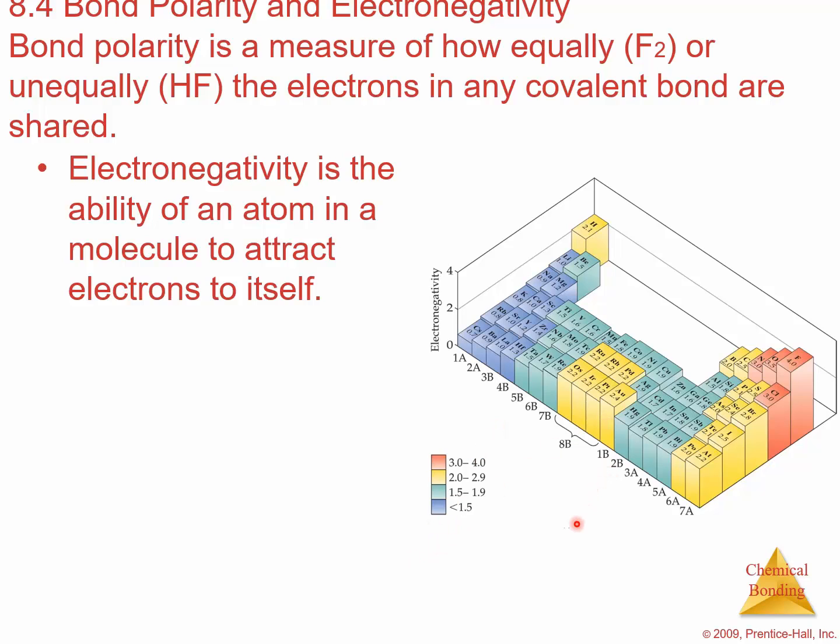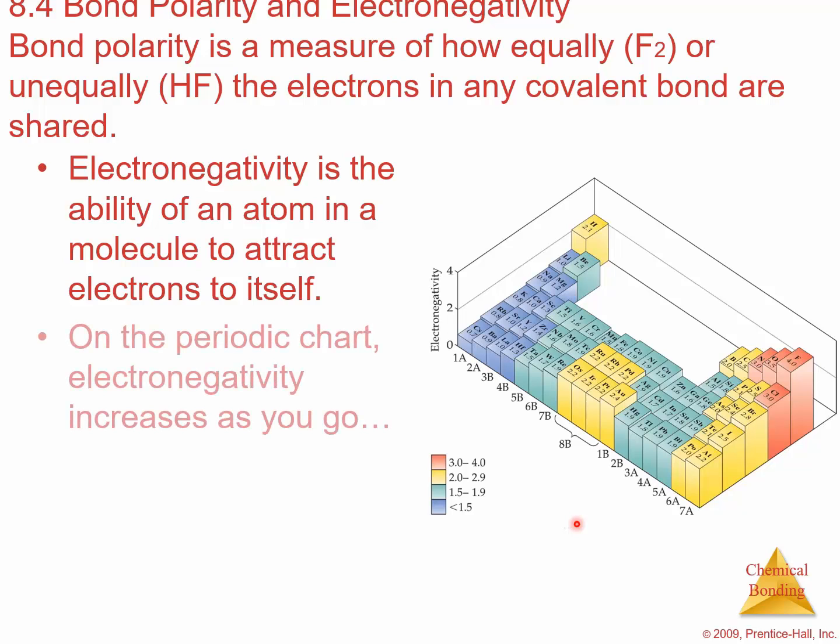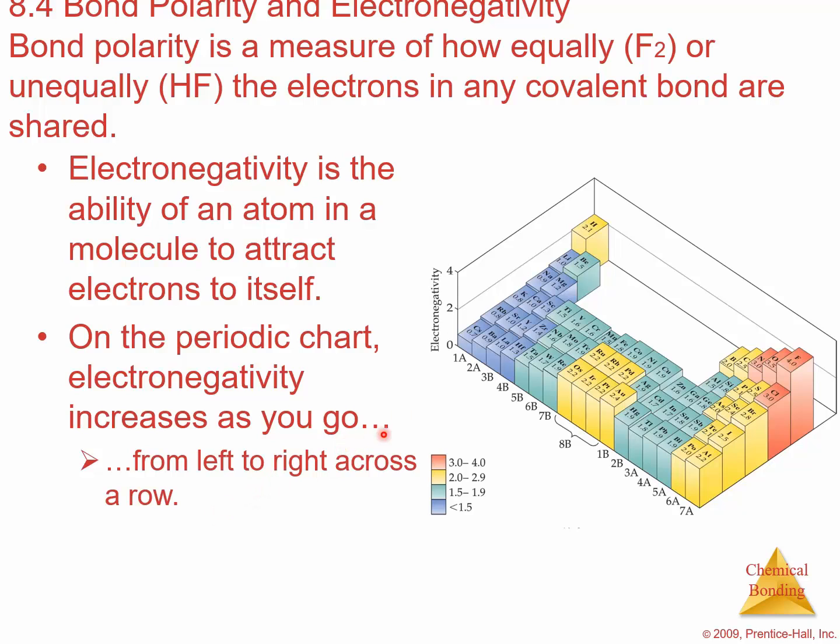So you should know this. Again, on the periodic chart, electronegativity increases as you go from left to right across a row and from bottom to top of a column. So you should know these trends in electronegativity.